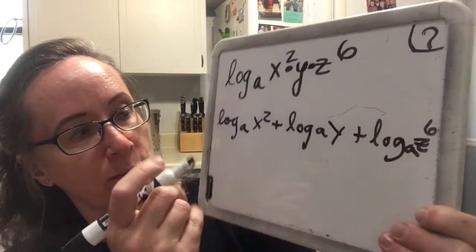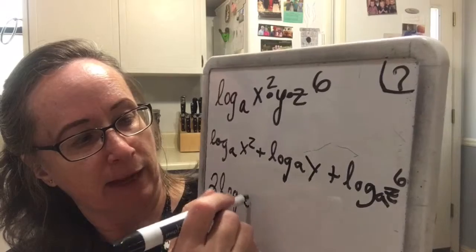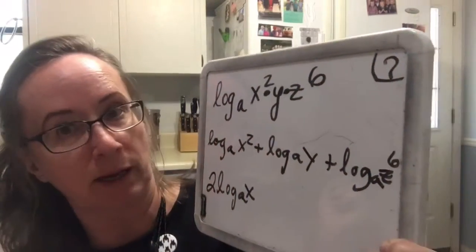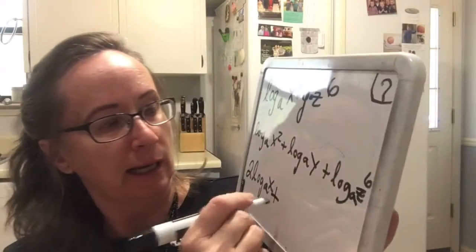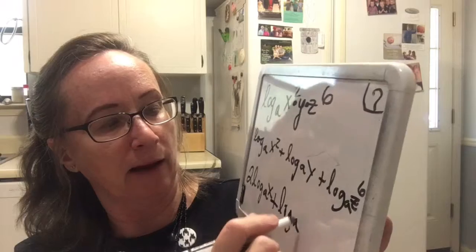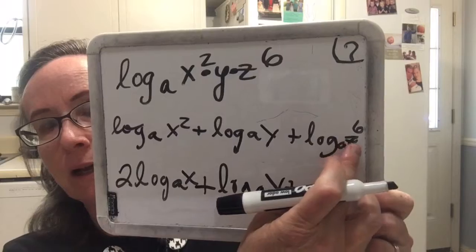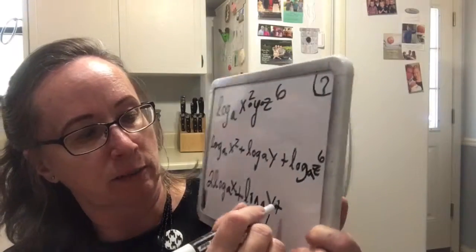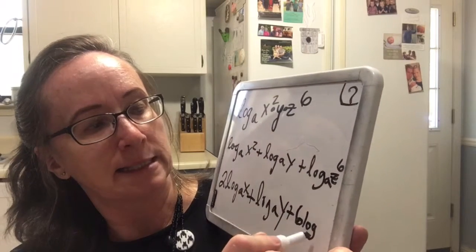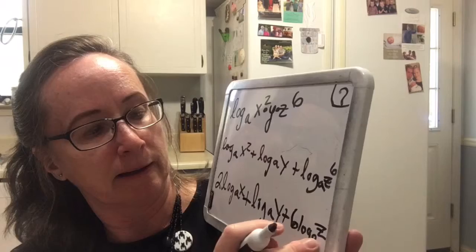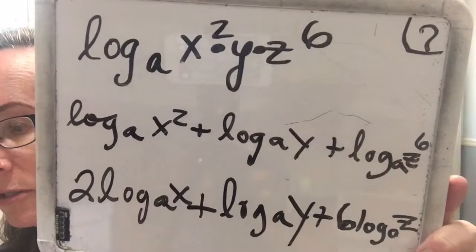Okay, so this is going to run around to the front, and I'm going to have 2 log base a of x, because the exponent runs around according to the power rule, and then plus, this one does not change, it's just going to be log base a of y, and then the last one, the power 6 is going to run around to the front, so we're going to have 6 times the log base a of z. Okay, hopefully you can read that. So that should be our answer.